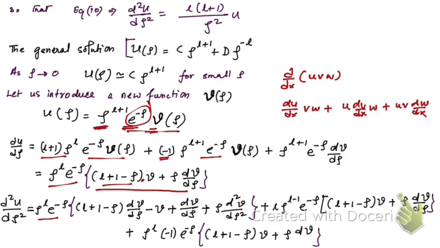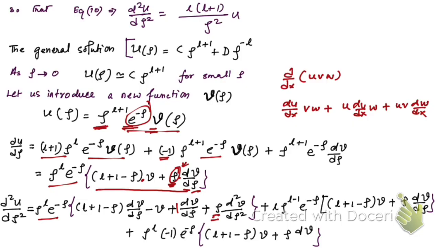Then in this bracket again we have two terms. First take the product of these two. First differentiate this. If you differentiate this, you will get 1 into dv by d rho. Then keep the first function, then differentiate the second function. Here we're going to get the second order derivative, right?